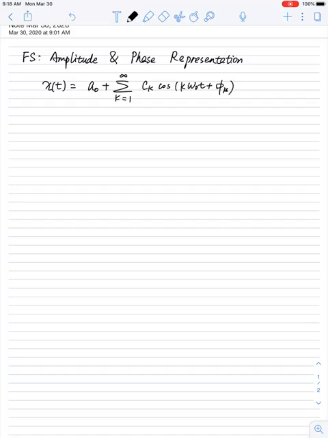So this representation is tightly related to the sine cosine representation that we have learned earlier. So let's recall the sine cosine Fourier series representation.